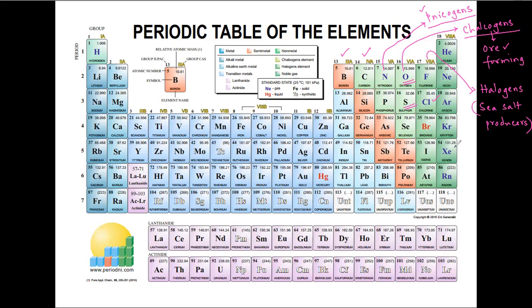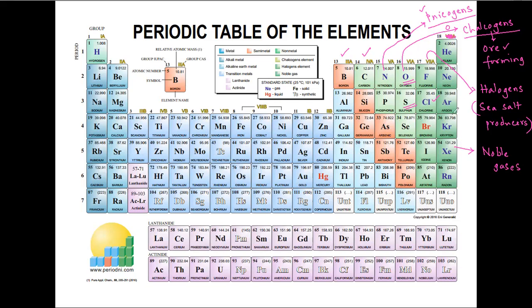And one final thing, the 0 group elements or the 18th group, actually now they are called noble gases. Earlier they were called inert gases. Inert because they generally don't react with any other element.